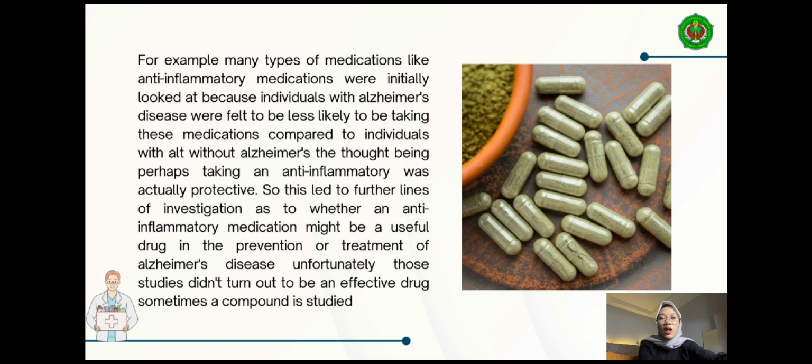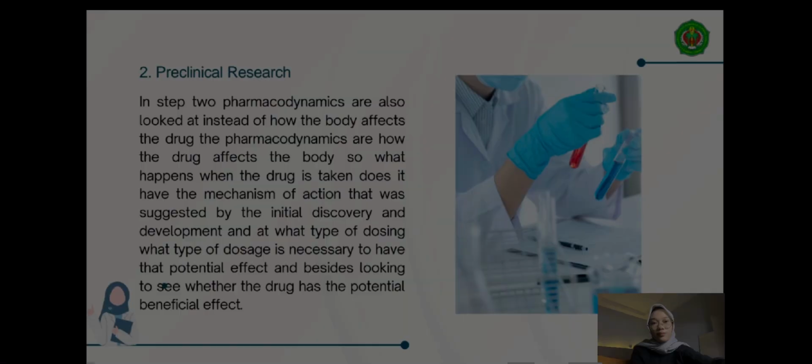So this led to further lines of investigation as to whether an anti-inflammatory medication might be a useful drug in the prevention or treatment of Alzheimer's disease. Unfortunately, those studies didn't turn out to be an effective drug. Sometimes a compound is studied.